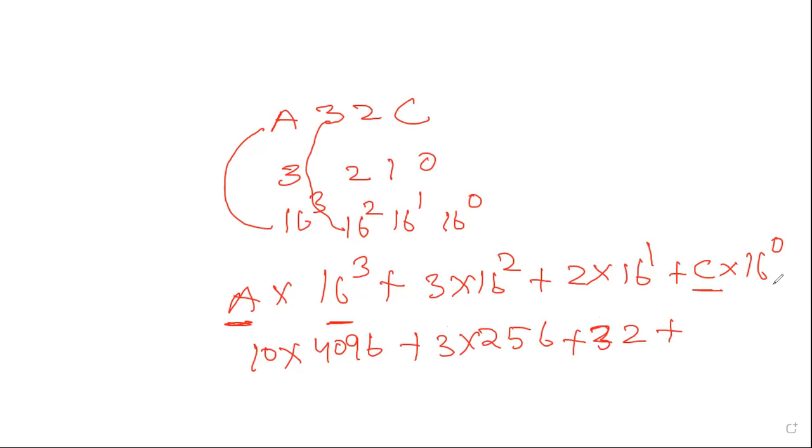This is C into 16 to the power of 0. This is 1, 16 to the power of 0. And C is 12, 12 into 1.